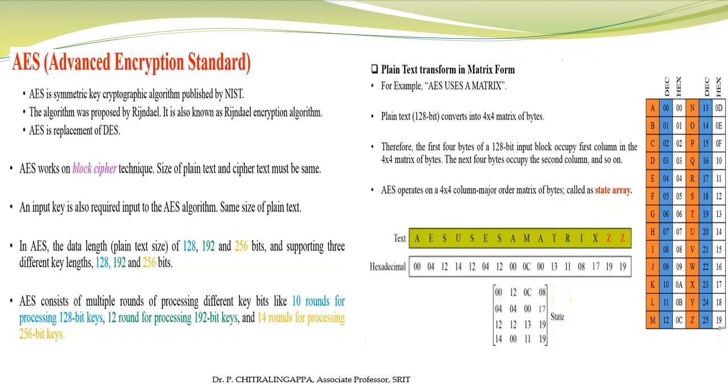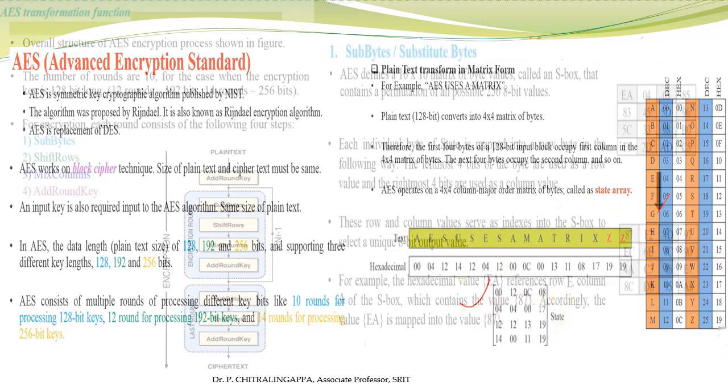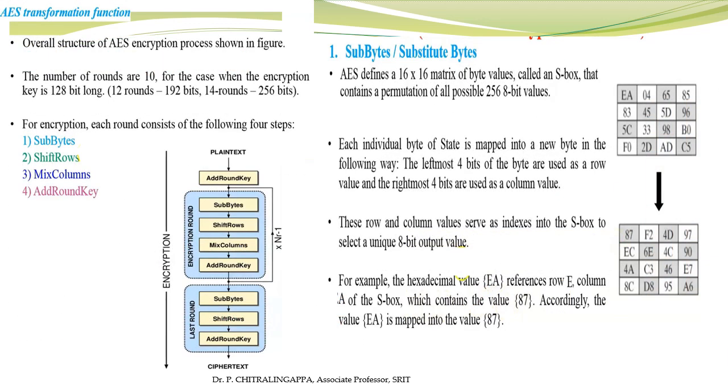The first step is that the plain text is converted into matrix format, which is called the state array. After the state array, you apply the overall structure of the AES encryption process shown in the figure. Each round consists of 4 steps: substitute bytes, shift rows, mix columns, and add round key.